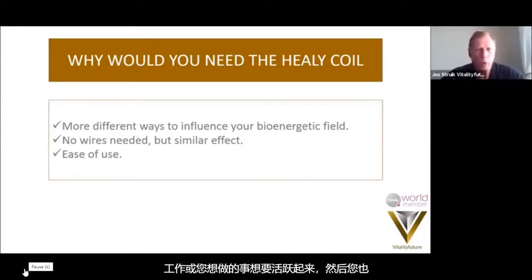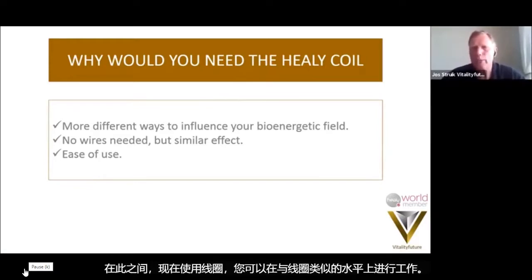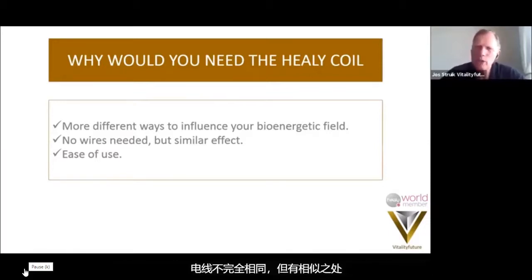Often if you are working or you want to be active, and you also want to run your healing programs, the wires get in between. Now with the coil, you can work at a similar level as with the wires, not exactly the same, but have a similar effect without the wires.